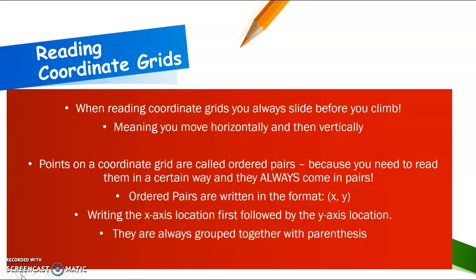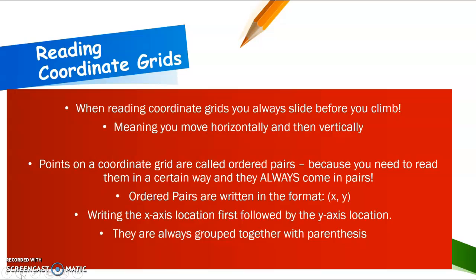Points on the coordinate grid are called ordered pairs because you need to read them in a certain order, and they always come in pairs. Ordered pairs are written in the format x, comma, y in parentheses. You're always writing the x-axis location first, followed by the y-axis location.